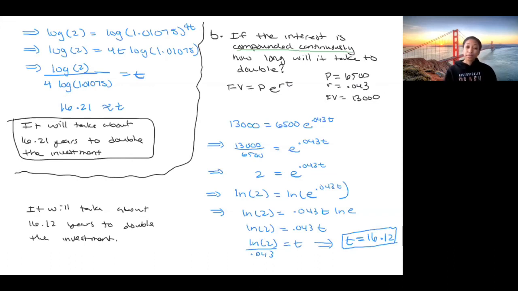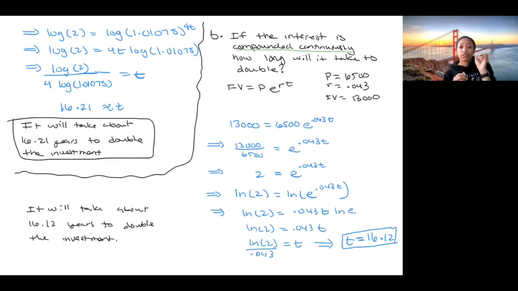Now, these types of problems where we have compound interest, or it really can be anything that's modeled exponentially, and you're trying to solve for the length of time, will always work out the same way. If you're trying to figure out how long it takes to get to a certain amount of money, you're going to have to solve an exponential equation. So find the amount that you want, set that equal to your output.